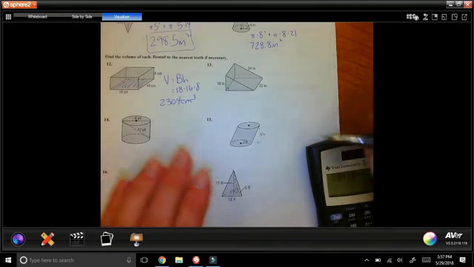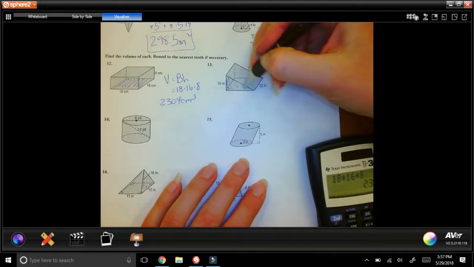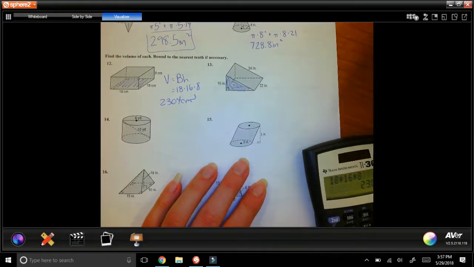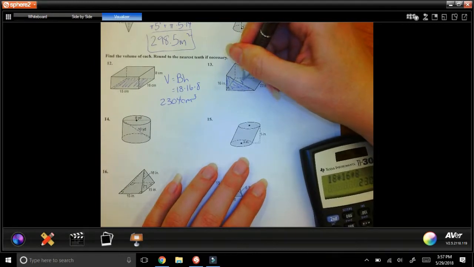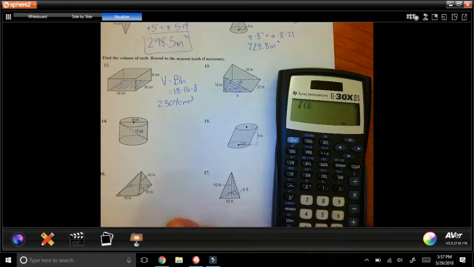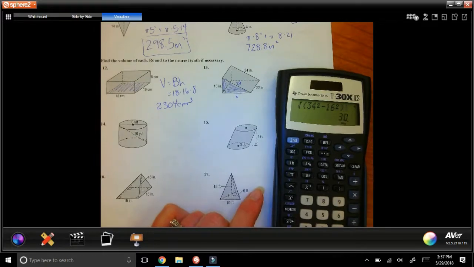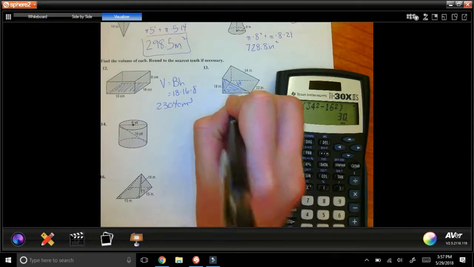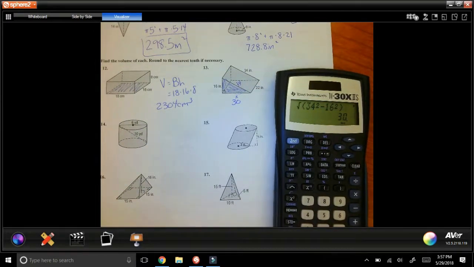Number 13, it is important that you pick the correct base. For this one here, I'm going to have to use the Pythagorean theorem first to find that missing side. This missing side is 30. And then I can use the formula.